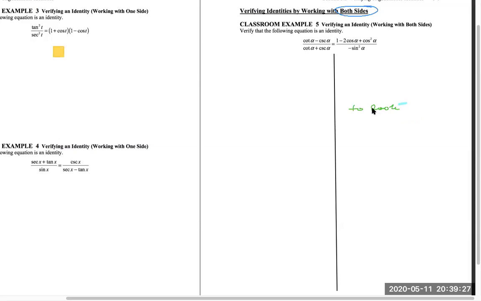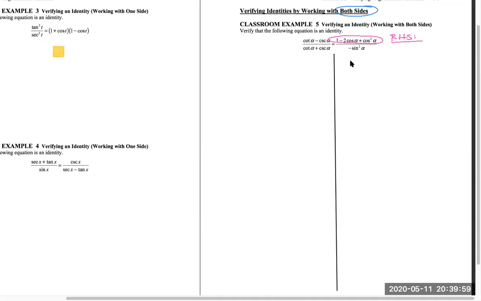Okay, so first thing I'm going to do, I'm going to start on the left-hand side because it looks like there's some nice factoring we can do on the top here. Sorry, that should have been the right-hand side that I wanted to start with. I'm going to start with the top portion here.